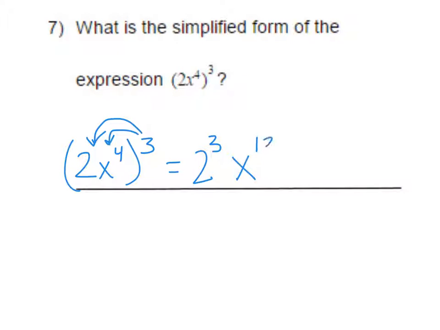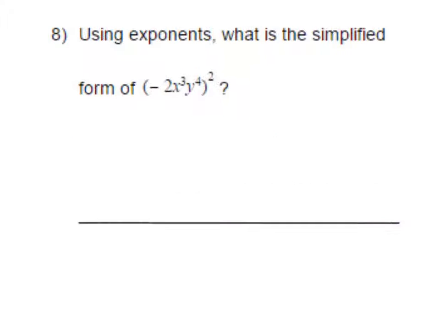We keep the base and multiply those exponents. So we have 2 to the 3rd, x to the 12th, and 2 to the 3rd is the same as 8. So we could also write our answer this way. Both answers are the same. Remember, the biggest mistake people make is forgetting to raise this 2 to the 3rd power. Make sure you don't make that mistake.